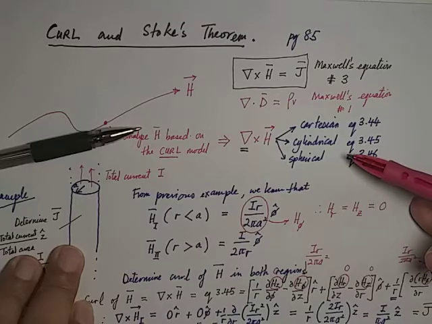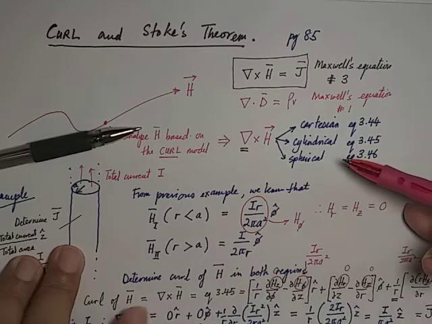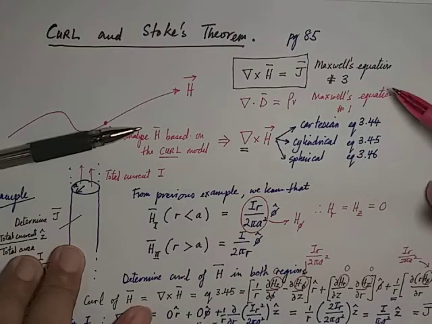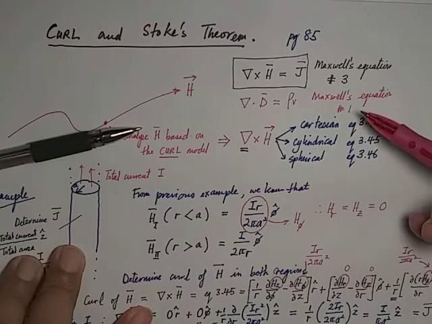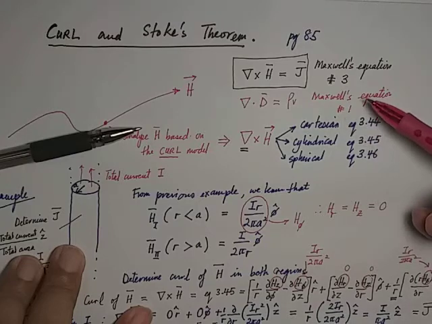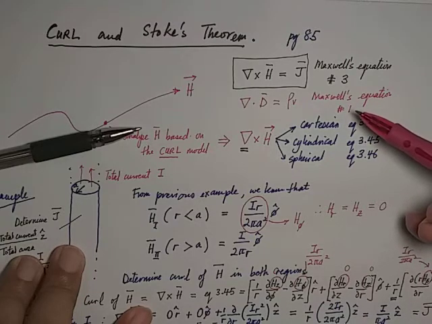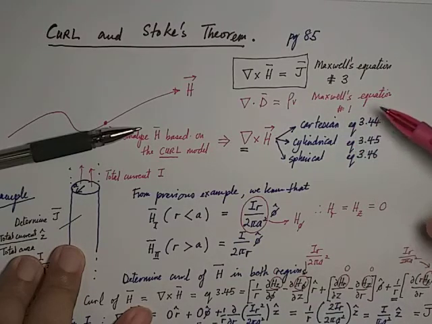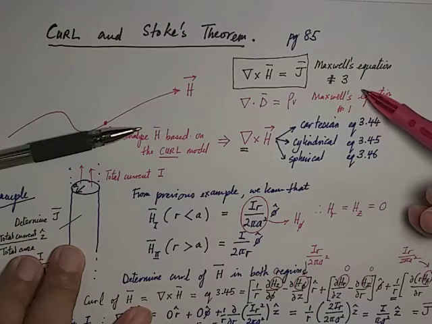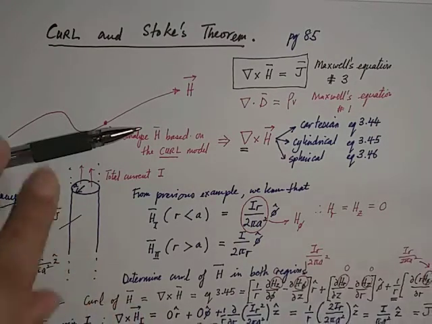Here we are using curl model, but yet the final conclusion that we deduce from both methods are the same. They are proposing what is known as Maxwell equation number 1, as well as Maxwell equation number 3.